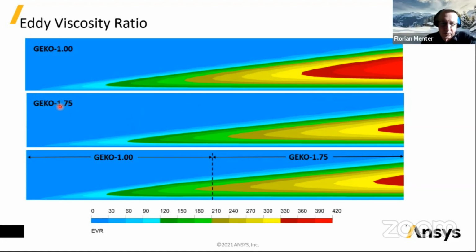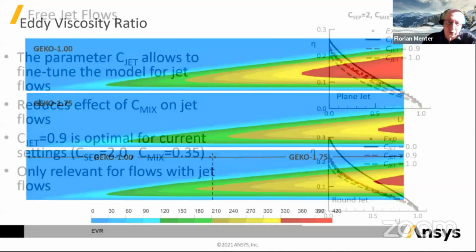This is with the default 1.75, which is more like an SST model, gives somewhat lower eddy viscosities. And then if we change here in the middle of the flow, we get a smooth variation. The upstream is more like the GEKO 1, and the downstream is more like the GEKO 1.75. So we can have zonal formulation of this model without having any kinks in the solution themselves.